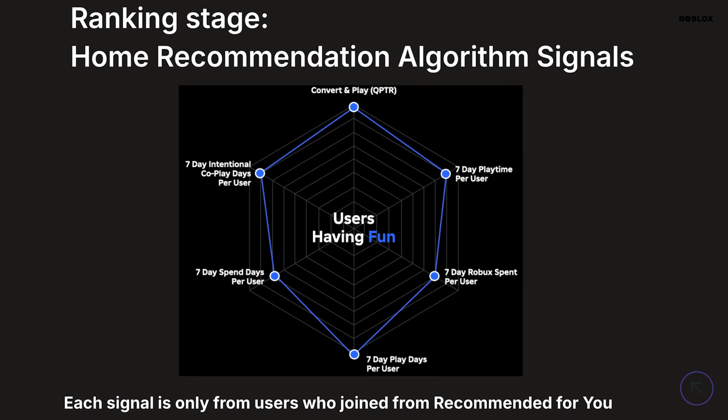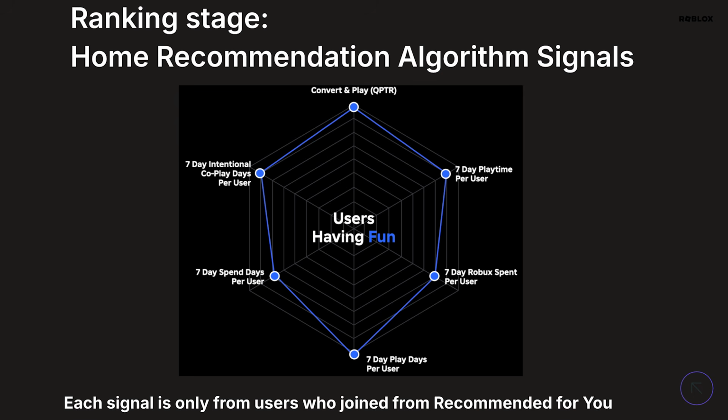And then there is a set of signals which tells how much they enjoyed and how deeply they played the game. That includes 7-day playtime, 7-day play days, 7-day Robux spent, 7-day Robux spend days, and 7-day intentional co-play days, which tells us users not only loved playing the game and spending time and repeatedly came back to play, but they also spent money through Robux, and they repeatedly did so through Robux spend days.